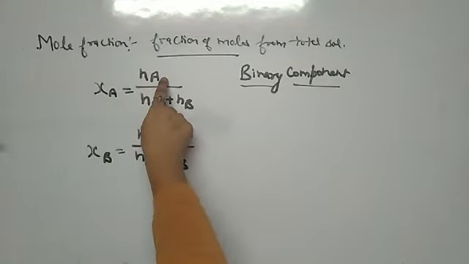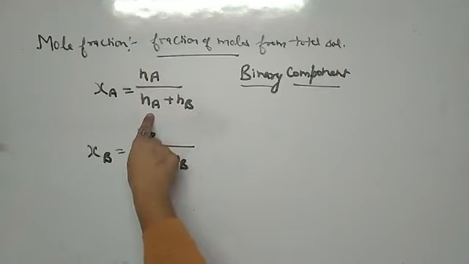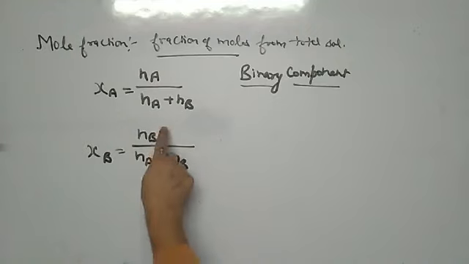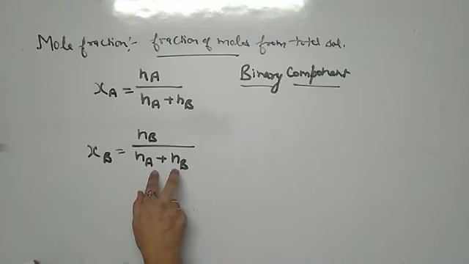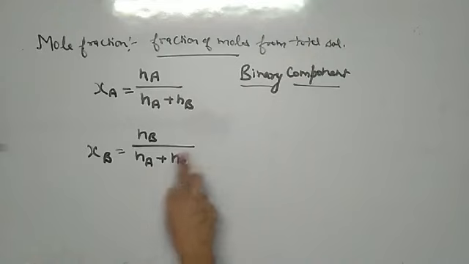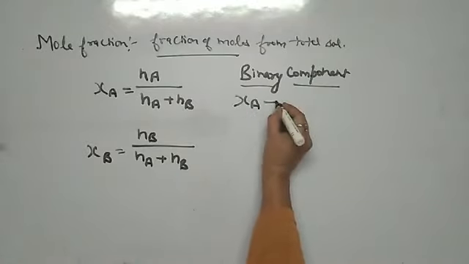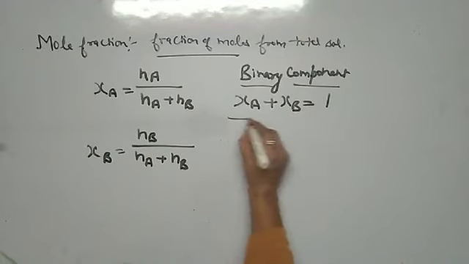Now what will be the number of moles of A upon number of moles of A plus number of moles of B? Same, number of moles of B divided by the total number of moles of the components. Is it clear? And if your solution is binary, the total value of mole fraction of A and mole fraction of B is always equal to 1.